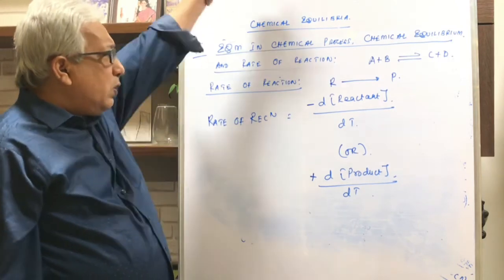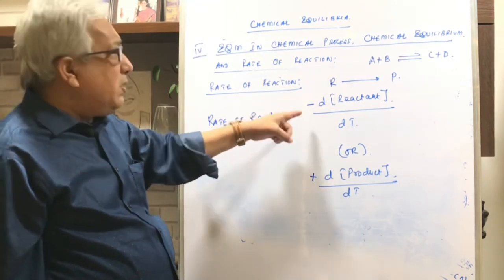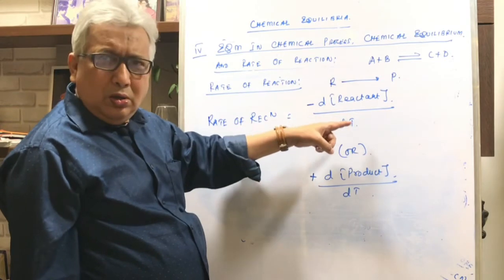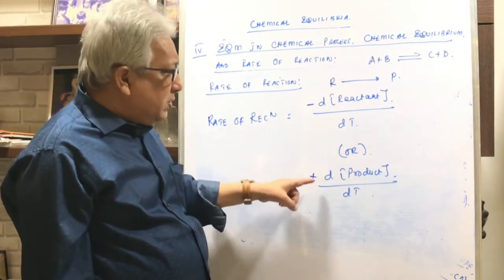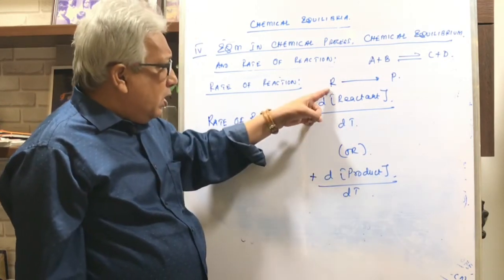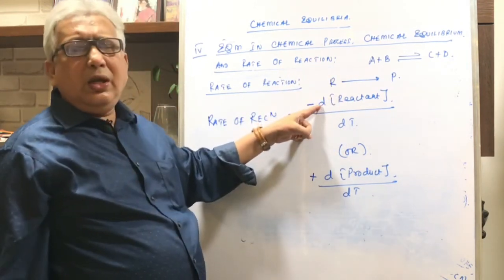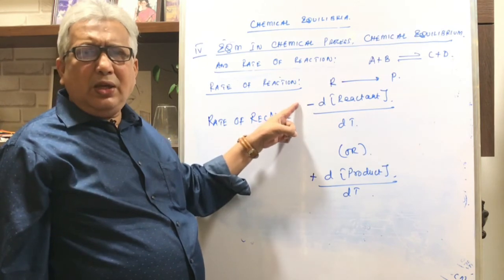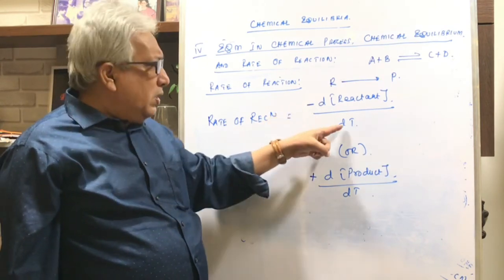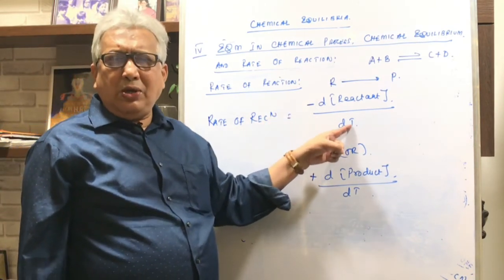So the rate of reaction you can denote like this: minus d[reactant] upon dt, or plus d[product] upon dt. The reactant within the third bracket indicates concentration of reactant, d indicates the change, the minus sign indicates that it is going on decreasing, and dt is the small time interval.